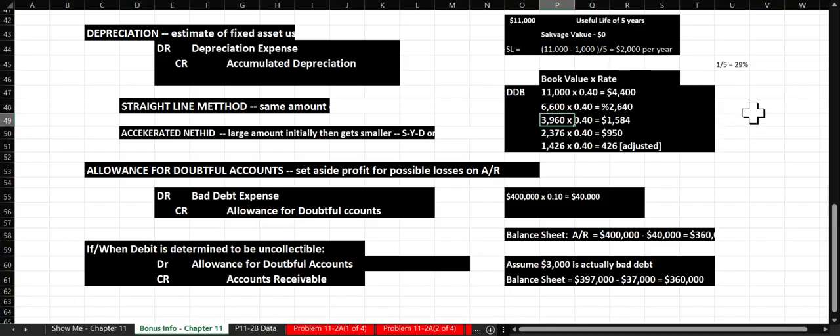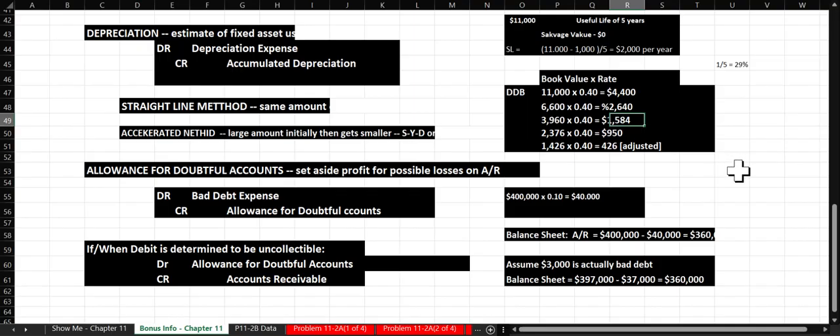Notice that it's called accelerated because it depreciates the asset at a faster rate. Large amounts initially, and then it gets progressively smaller. So whereas it would be 2,000 every year, we have a whopping 4,400, then it drops down to 2,640, and it actually falls below the amount that was being used for straight line, and so on.